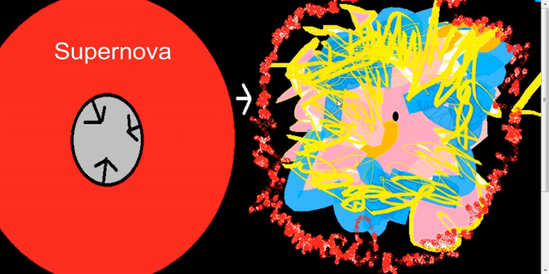This explosion is a supernova, and they are a rare cosmic event, but they're really important for us because they're the reason we're alive. Supernovas populate the universe with heavier elements, things past iron. And that's what a supernova is.